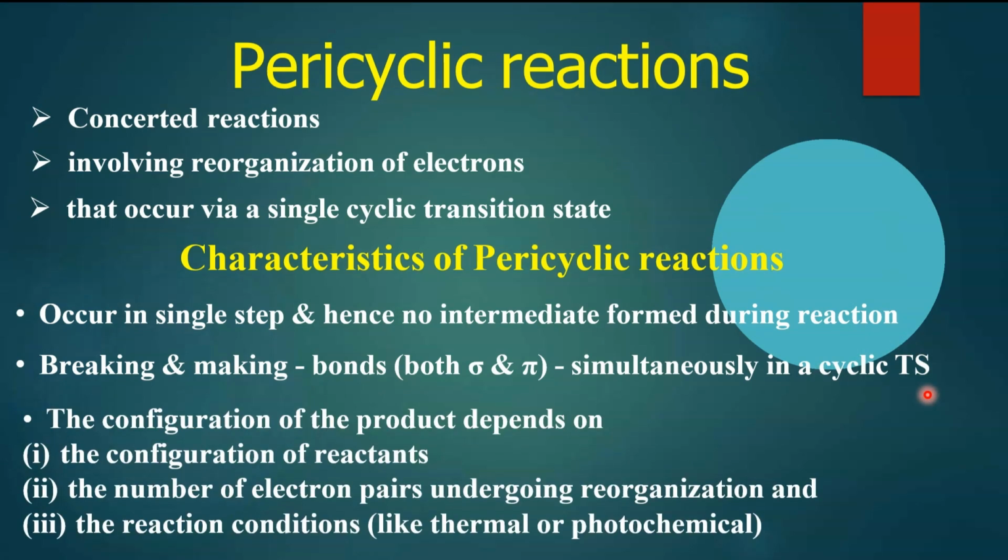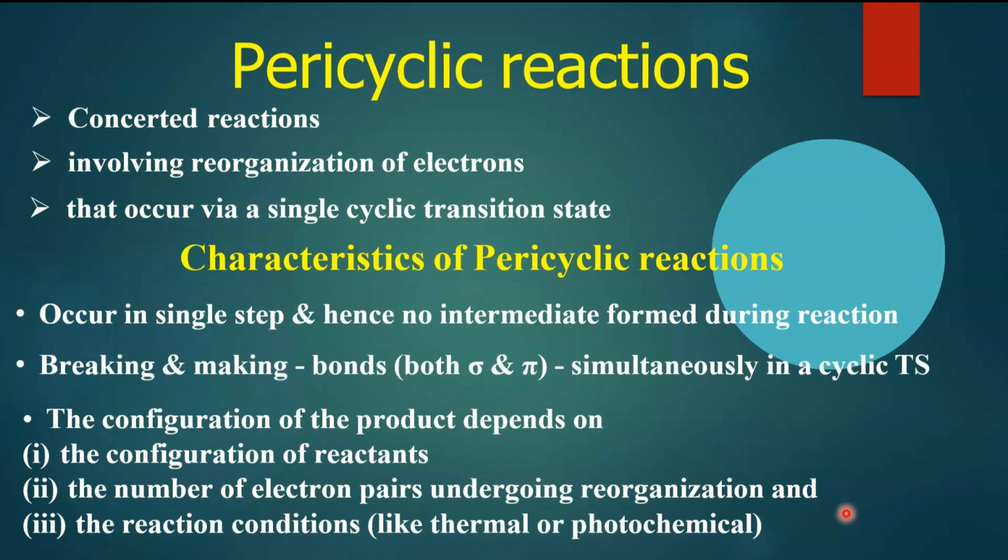Another salient feature of pericyclic reactions is that the products which are formed are highly stereospecific. The specificity of the configuration of the product depends upon the initial configuration of the reactant, the number of pairs of electrons which are involved in the reorganization, and the reaction conditions, whether it is induced thermally or photochemically.